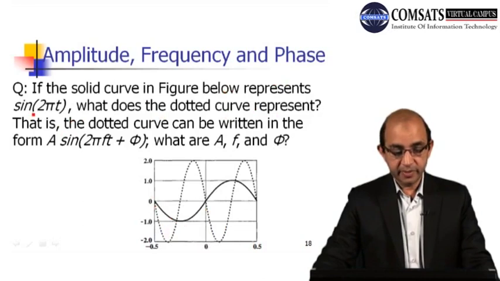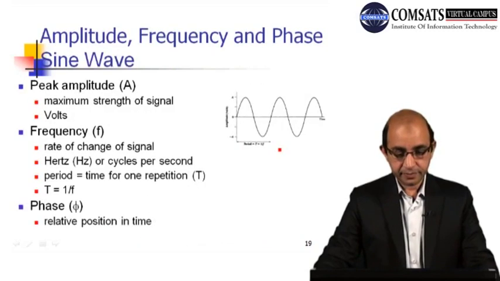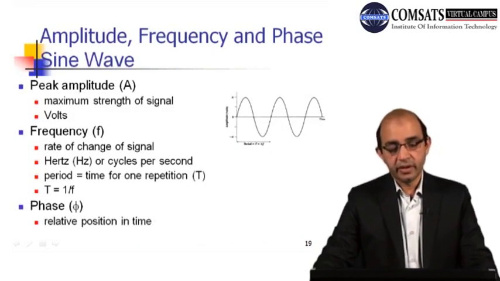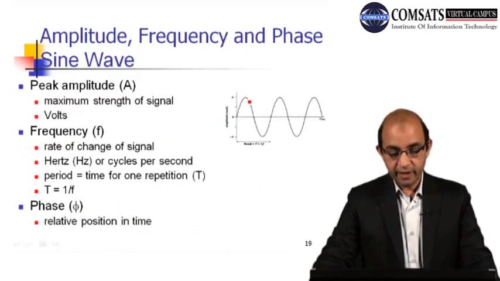The solid line curve is represented by sine 2 pi t. You can see from the expression that it's a sinusoid, and we can represent the dotted line in terms of this solid line. So what will be the amplitude, frequency, and phase? First we need to know amplitude, frequency, and phase. Here we have a sinusoid, a sine wave.